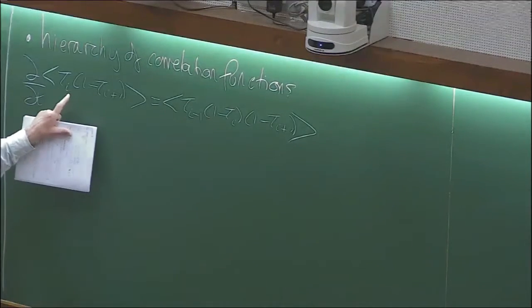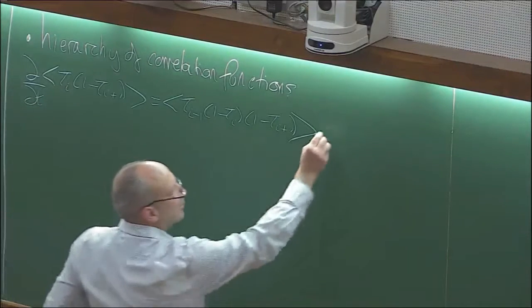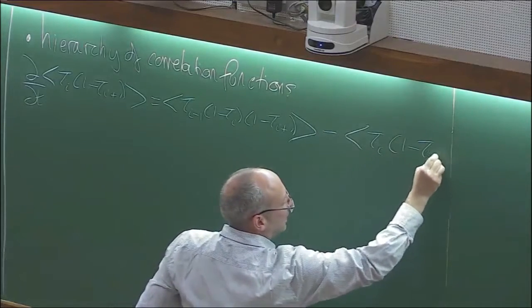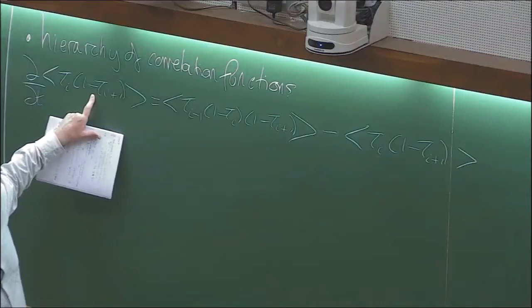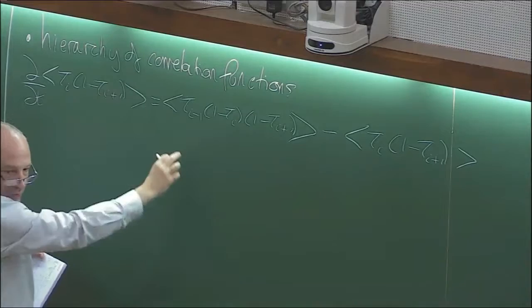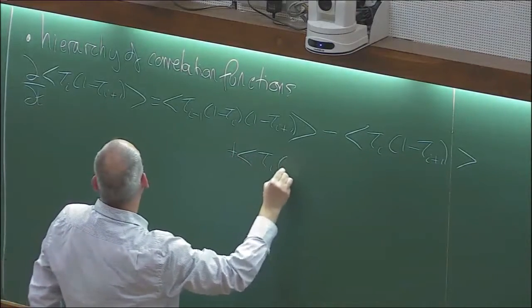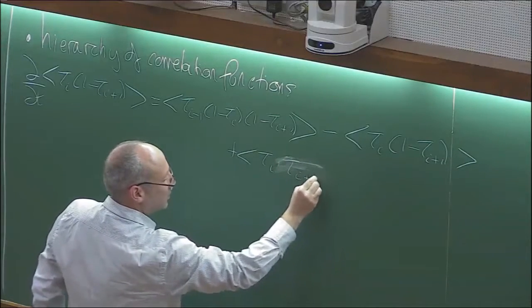And then I would lose probability from this particle hopping forward, so I get a term minus τ_i(1 - τ_{i+1}). And then I could have got this vacancy from there being a particle there and it hopping forward. So I get another term, τ_{i+1}.